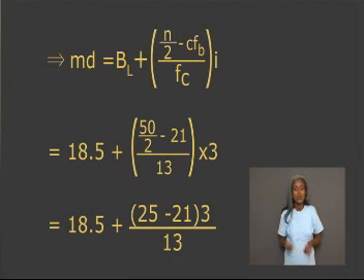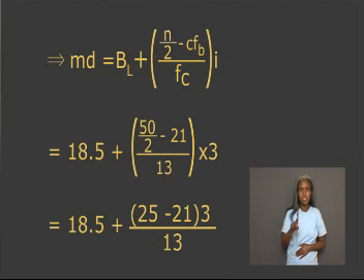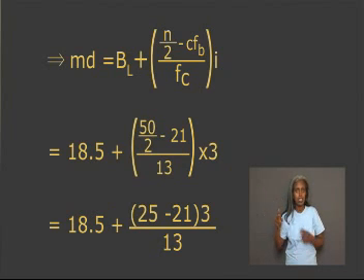When we substitute the correct values, our equation is MD equals 18.5 plus 50 over 2 minus 21 over 13 times 3.